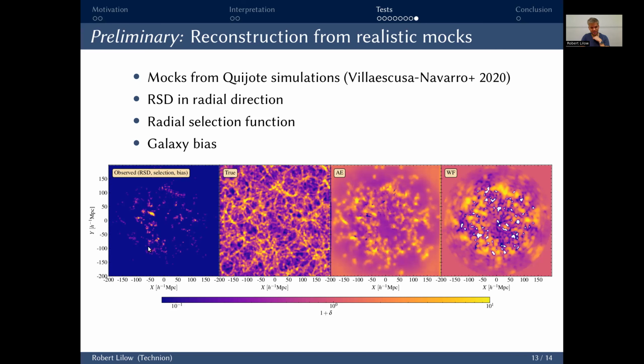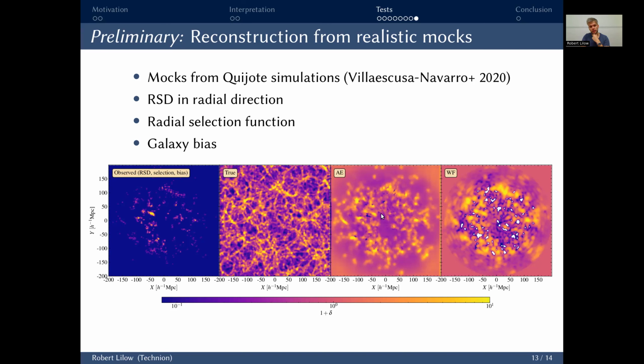And as you can see, since this is a quite harder task, to reconstruct the true density from this observation, the overall quality of the reconstruction is lower than for the simpler case I showed before. But what you can still see is the consistently more coherent and improved reconstruction of the autoencoder.